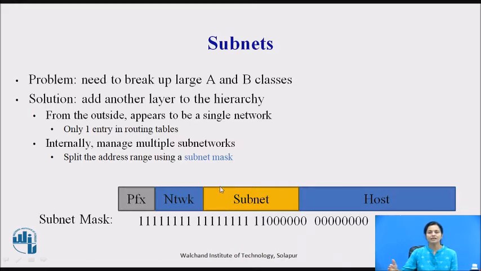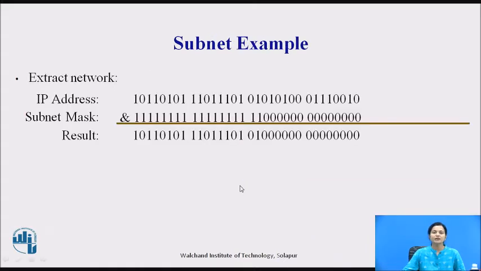So in that we are converting a big network into sub networks. As last time I told, IT department, civil department, mechanical department. So the total WIT network will be there, and then in that WIT college will have different networks, that will be sub networking.